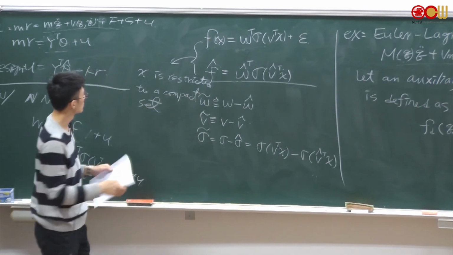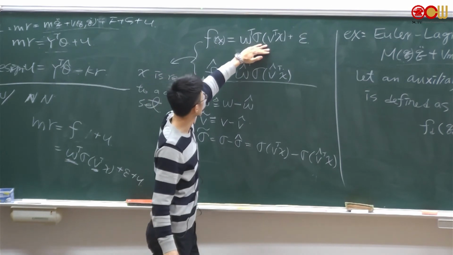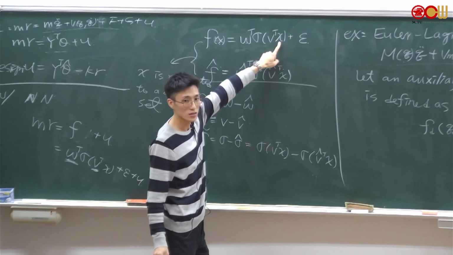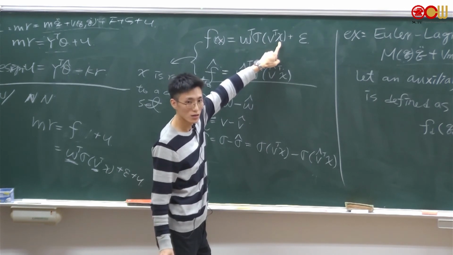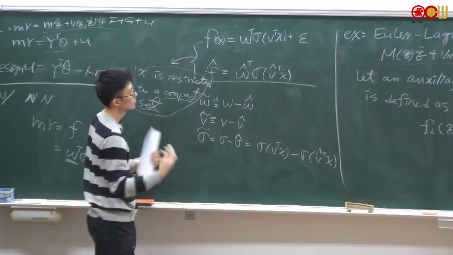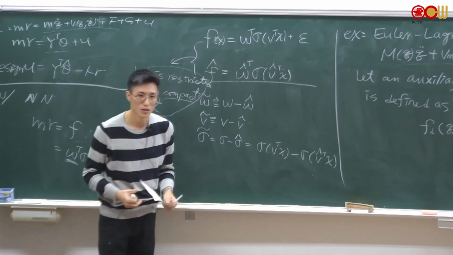That means when you want to use a neural network to approximate a function, the variable x has to be bounded. Compact set means x has to be bounded.